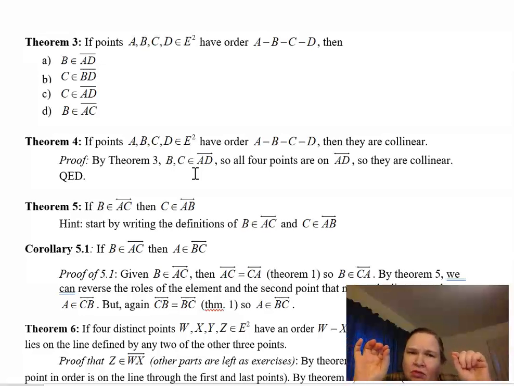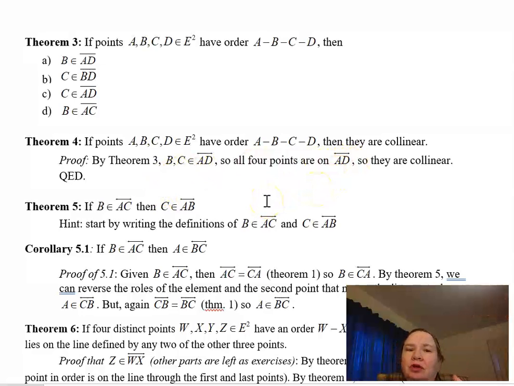So you can use that to say that A and D are on the line. All of those points are on the segment from A to D, and so they're also on the line from A to D.